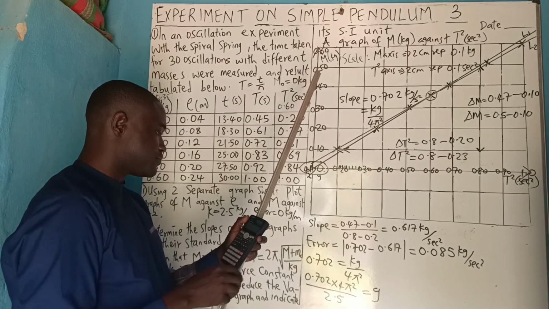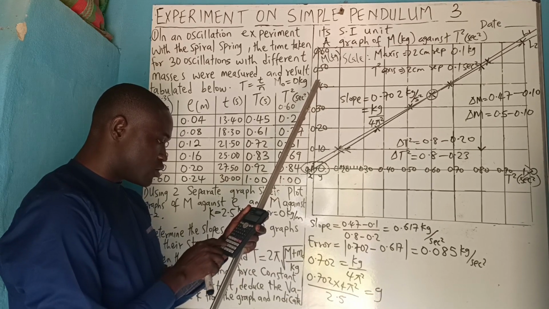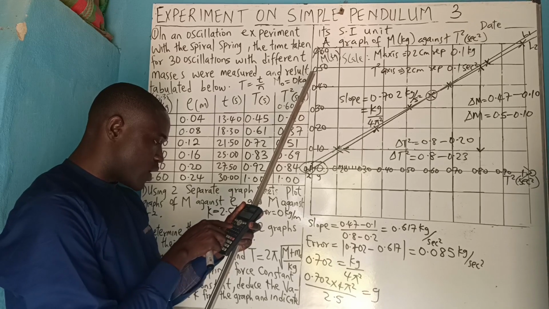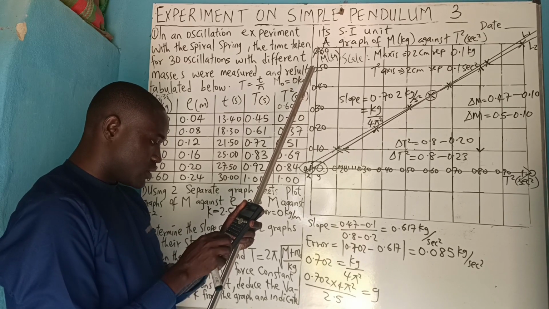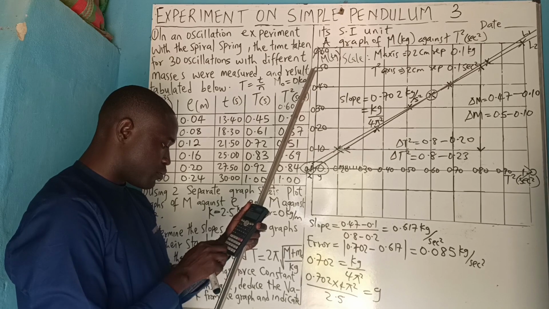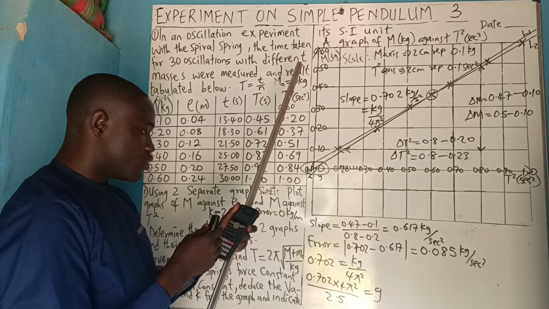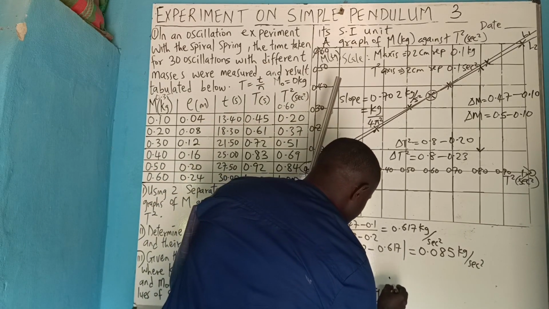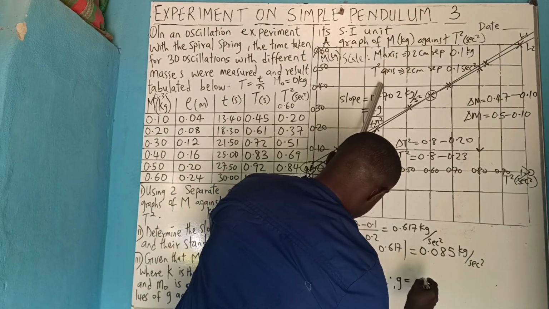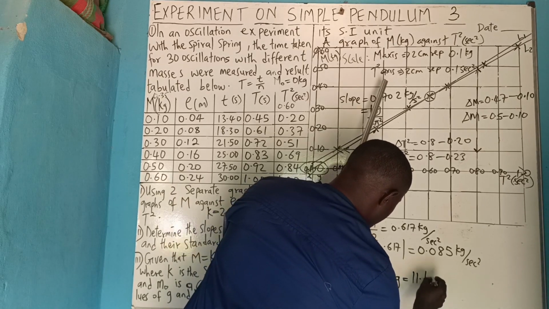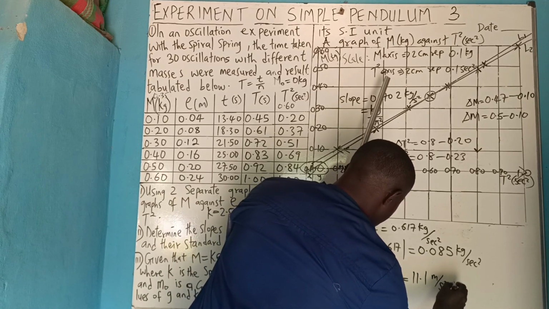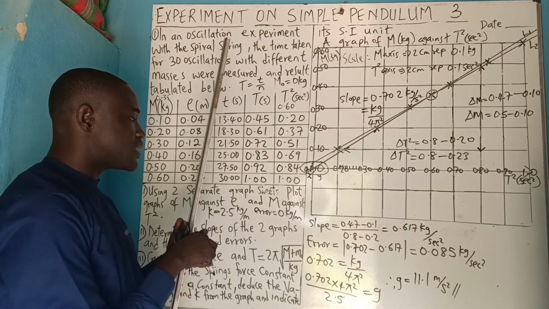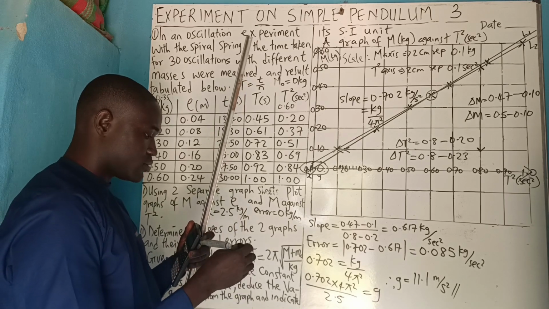Okay, let's check. 0.702 times 4 pi squared divided by 2.5. Therefore G is equal to 11.1 meter per second squared.